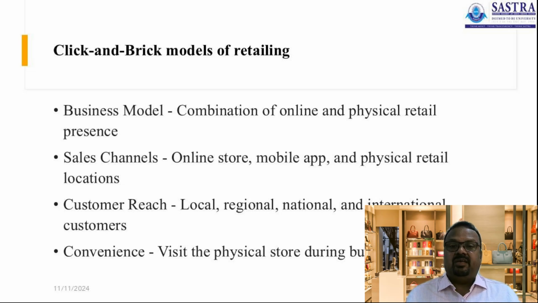But at the same time, if you want to expand your presence from the local geography to a region or a country or even the entire globe, then the click model of retailing will help you to a very large extent, because this gives access to consumers across the globe. So the very important sophistication the technology provides is the presence of the retailer online. It could be in the form of a website or the mobile app, as we discussed earlier, and that would bring in the kind of customer reach that you require.